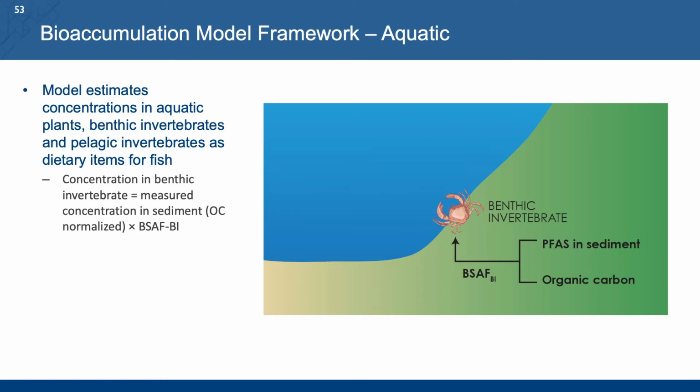Because the BSAFs that we decided were the best ones to use were based on organic carbon normalized values in sediments, during the laboratory procedures, we recommend you use your organic carbon normalized sediment concentrations for this. And then you multiply by the BSAF, essentially multiplying that organic carbon normalized concentration in sediment to predict the concentration in benthic invertebrates.